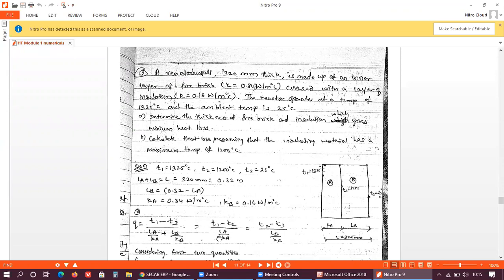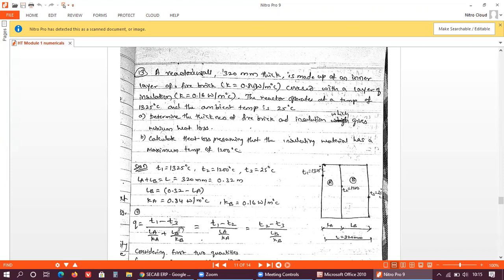And this expression, T1 minus T2 divided by LA by Ka, is the rate of heat transfer through the first slab, that is slab A. And there is one more equation, T2 minus T3 divided by LB by Kb, right? This is the expression for the second slab, the insulating material.